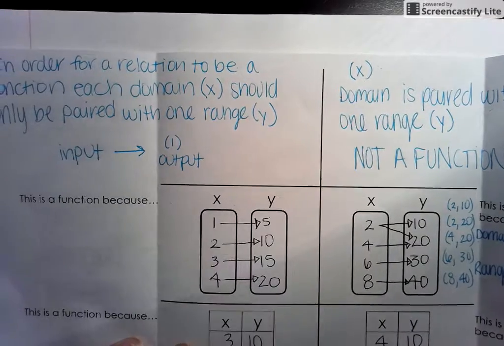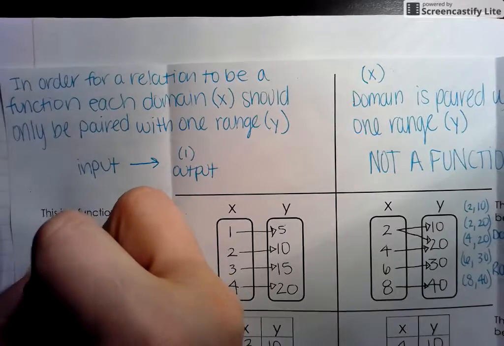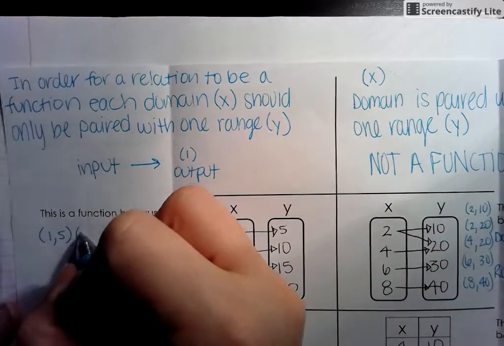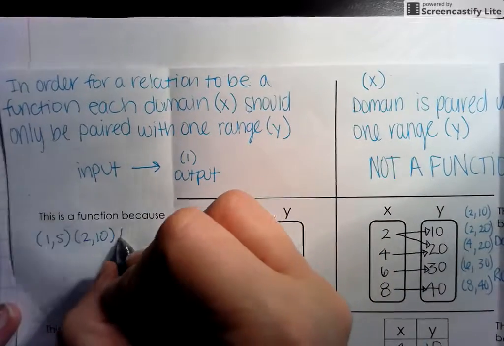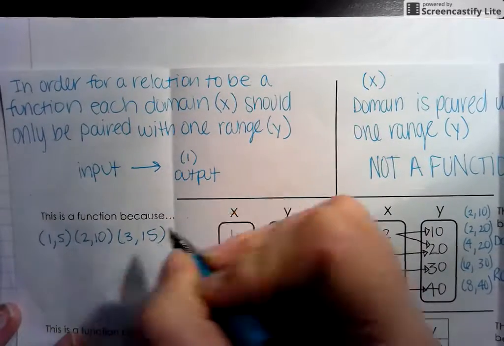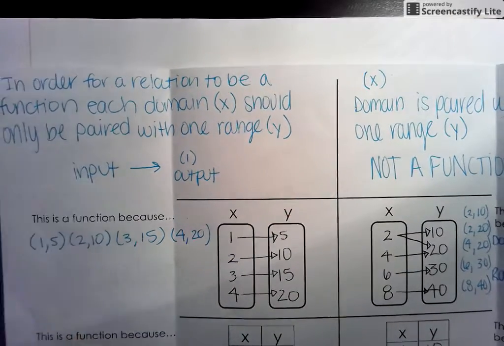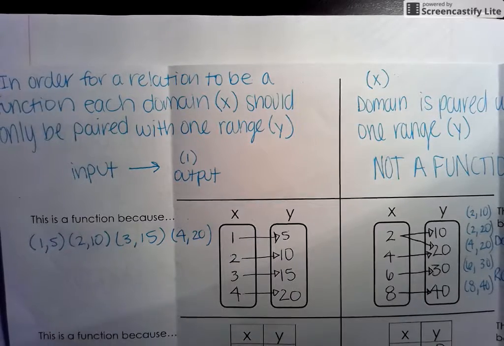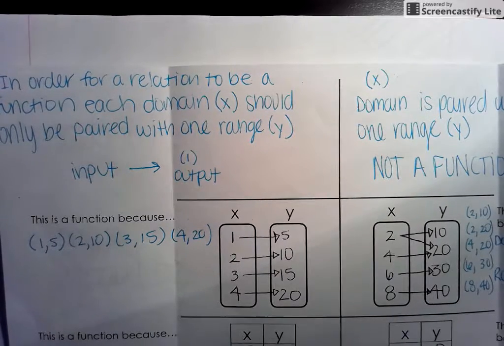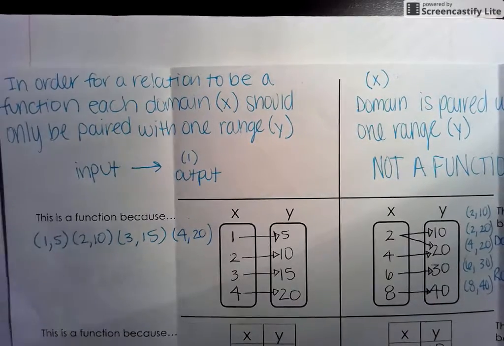So if you were to write these out, you would see that this is 1, 5, 2, 10, 3, 15, and 4, 20. Now, you notice that there is one output per domain, so the domains cannot repeat in this case.